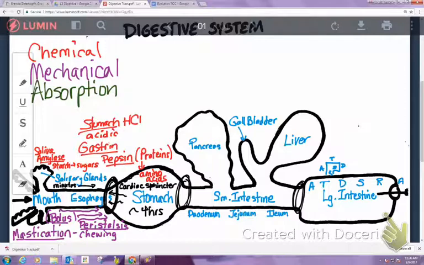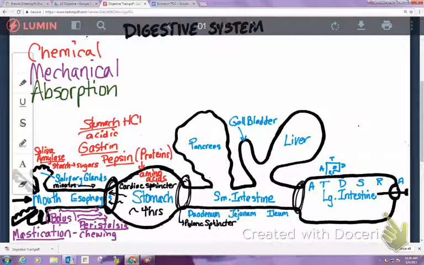Okay, this next sphincter muscle, this next one here, is called the pyloric sphincter. The pyloric sphincter muscle. And that muscle is there to keep the material going, again, in one direction.